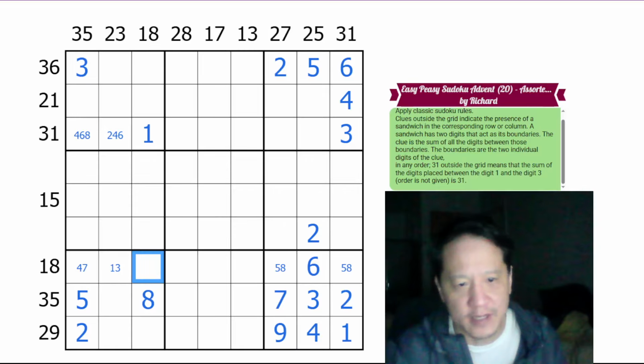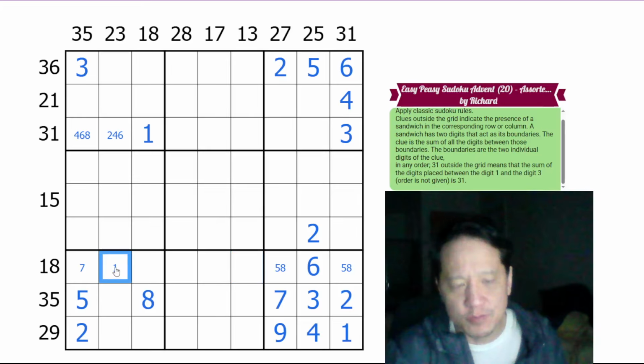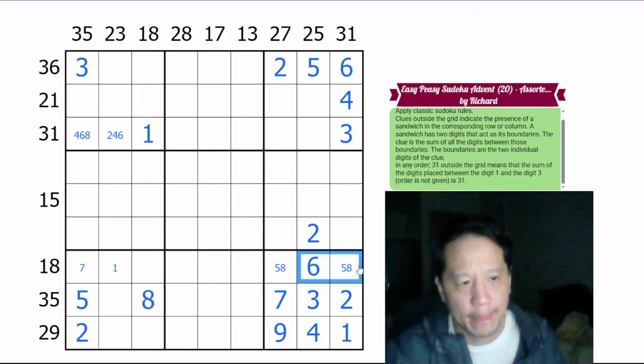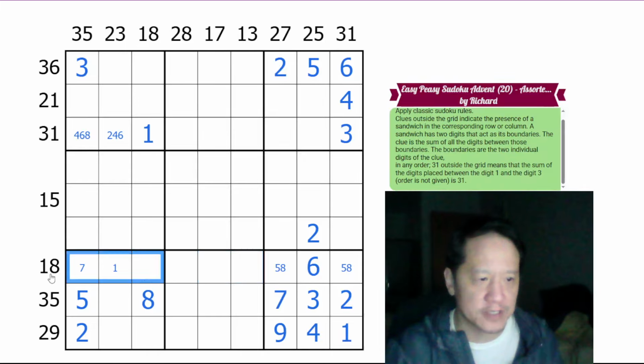Oh, okay, sorry, that can't be 1 because the 1 in the column. Well, there you go. So 1 could be here. This is 7, 6, 5 outside. So you'd have 2, 3, 4, 9 in between. If this were 1, it could not have 8 there. You'd have to have 1, 8. This would be 6, 5, 3, 4 in between. And you'd have 2 outside, but you already have a 2 in the box, so that's not allowed.